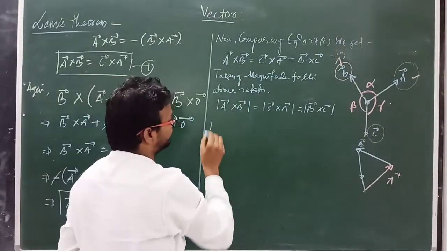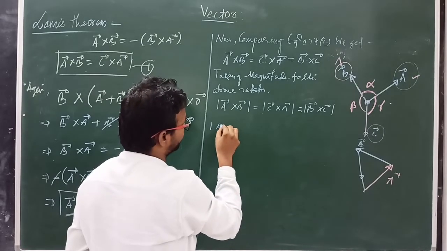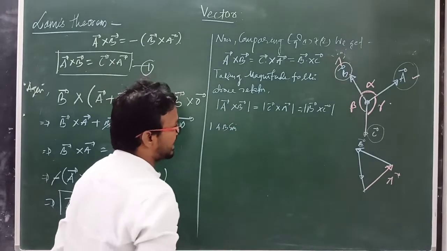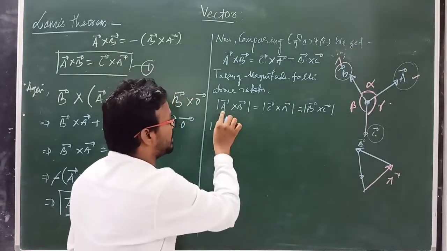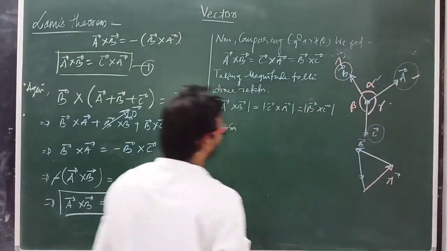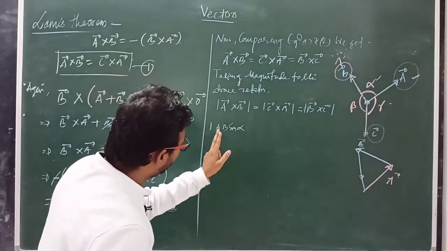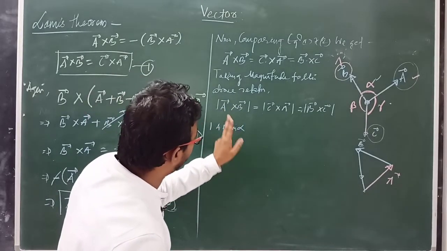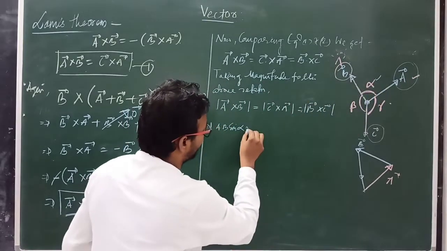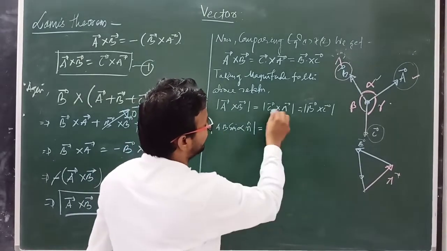A cross B means AB sin theta, where theta is the angle between A vector and B vector. Here the angle between A and B is alpha, so you write AB sin alpha times unit vector n cap, and its magnitude equal to CA.